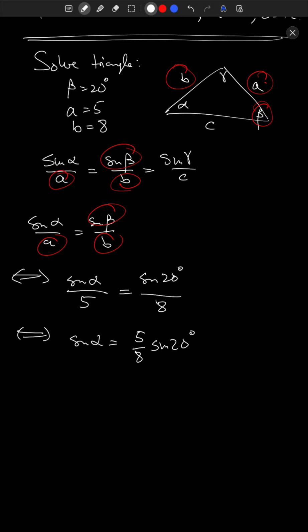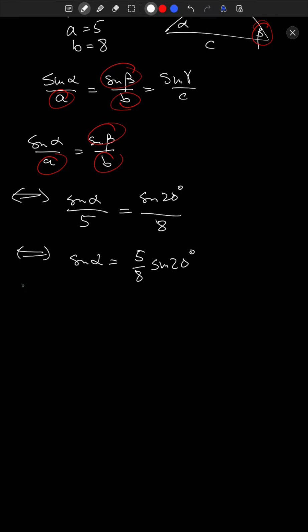Okay. All right. So now I plug it into the calculator. So alpha is equal to arc sine of 5 over 8 sine of 20 degrees, right? We plug that into a calculator and we're going to get something like 12.343 degrees.